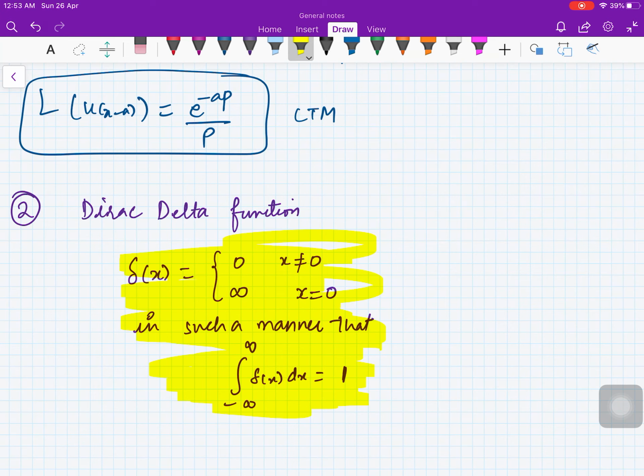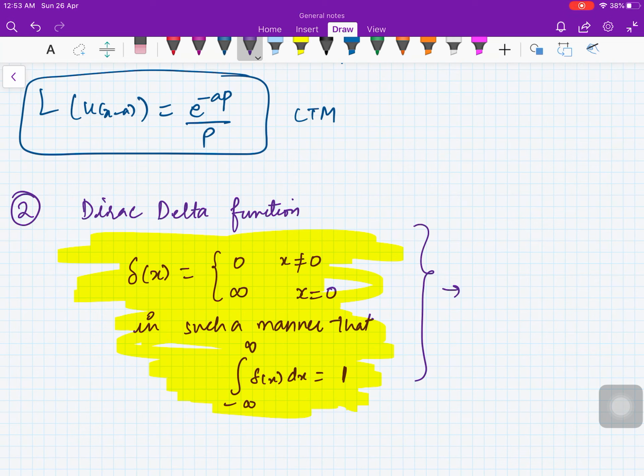So you may think that it is not possible to define a function like this, but it turns out that in higher mathematics there are things called distributions, and then we have functionals. In those areas, such functions exist. And why is this important?